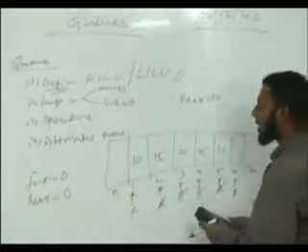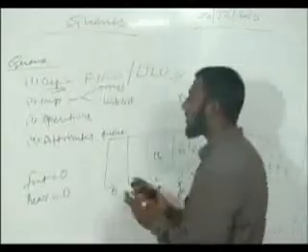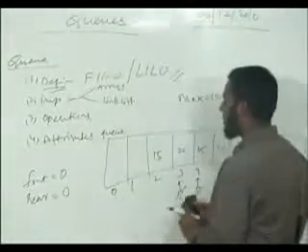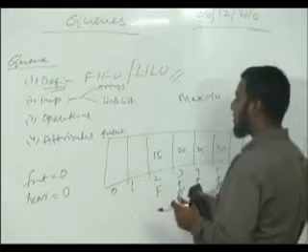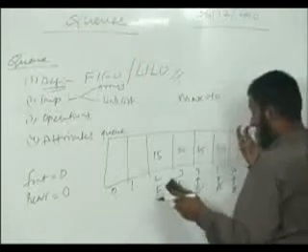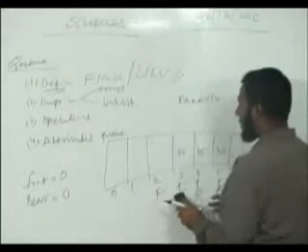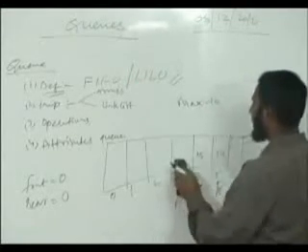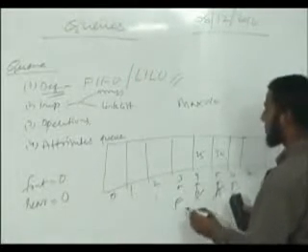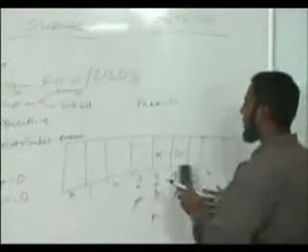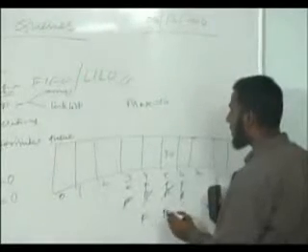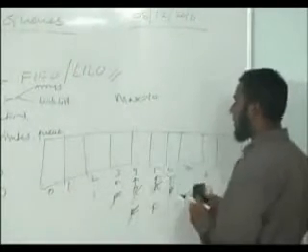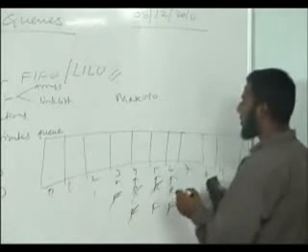Then if 10 is also deleted, F points to the next element. Again, if I delete it, F points to this element. If I delete one more, F points to 25. If I delete 25 as well, F points to 30. If I delete 30, then F points to 6.